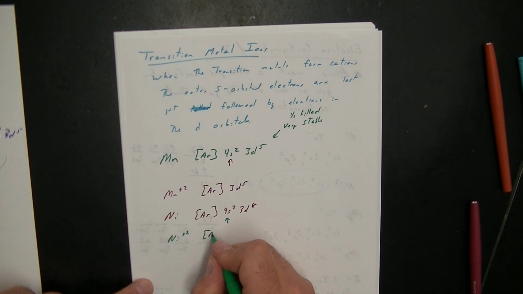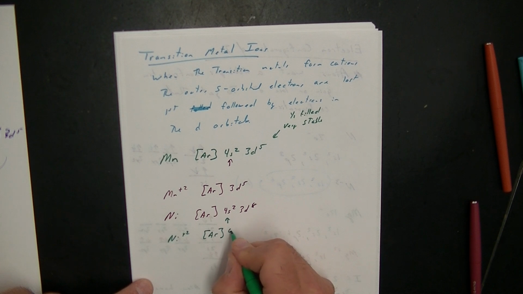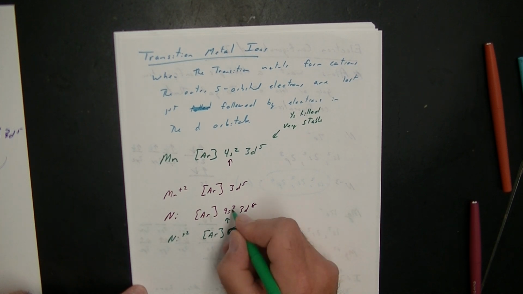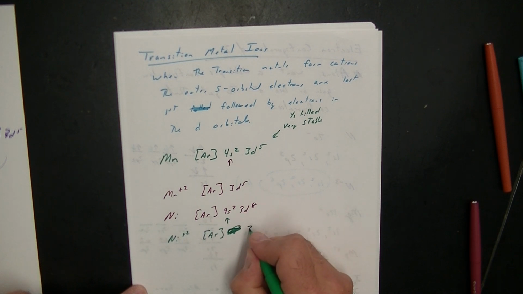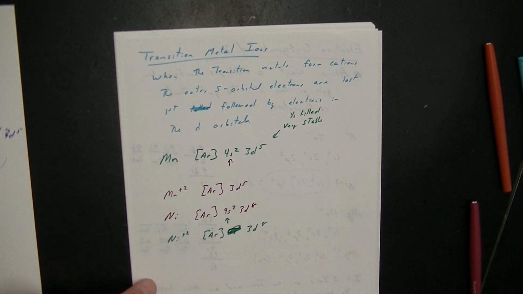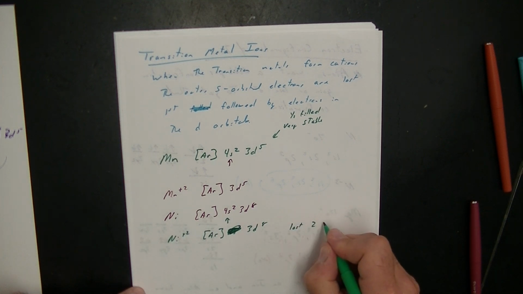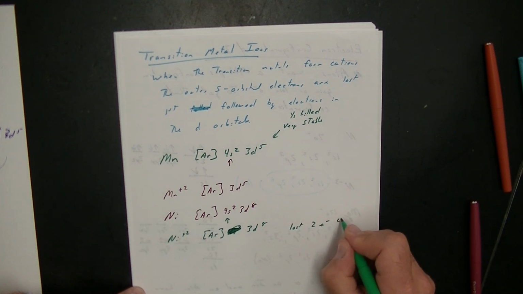So its electron configuration is Ar 3d8. It has lost those 2 electrons in the 4s orbital.